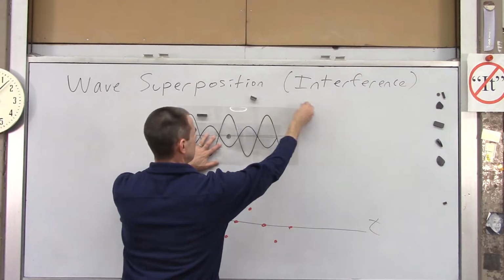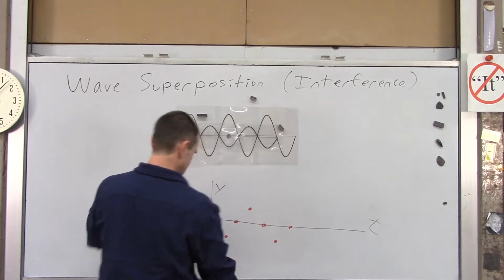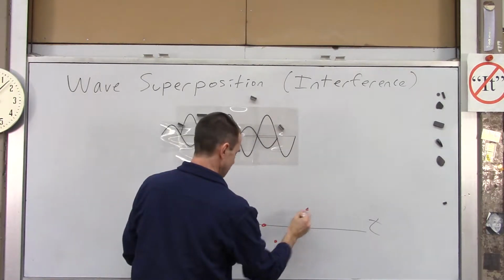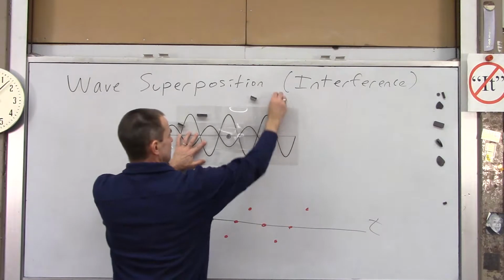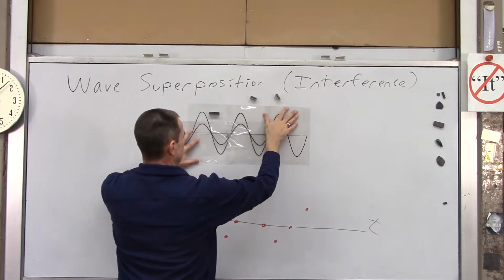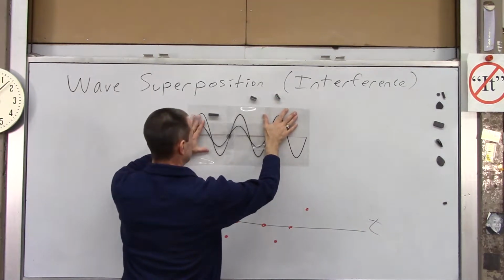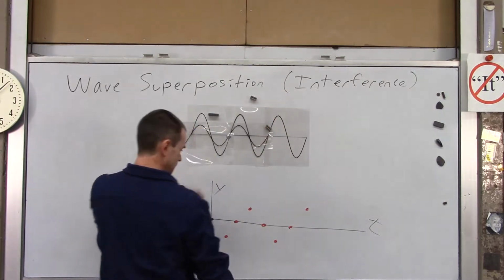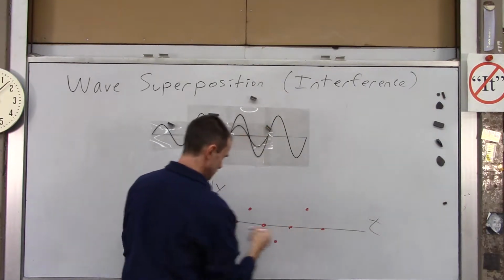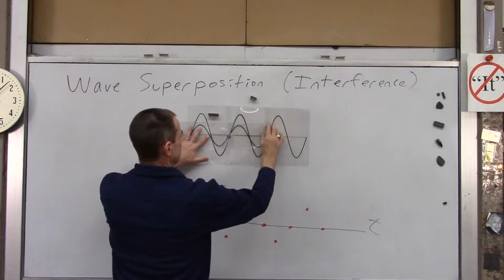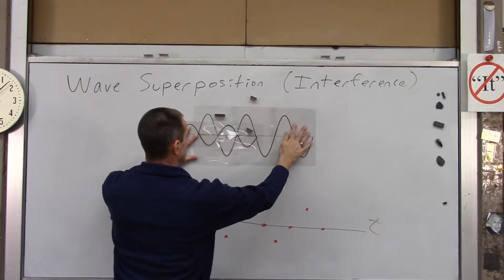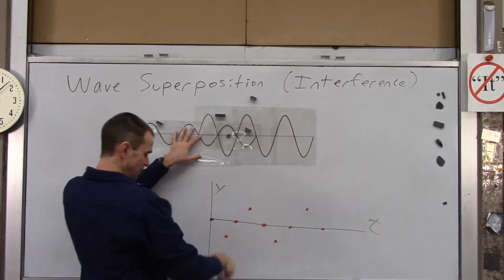Now you've got your crest. Now you've got your equilibrium point. Now you've got a small trough.